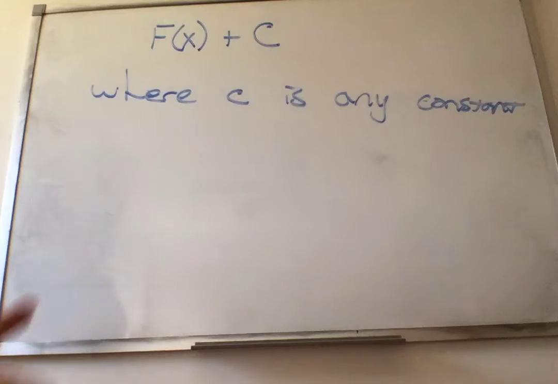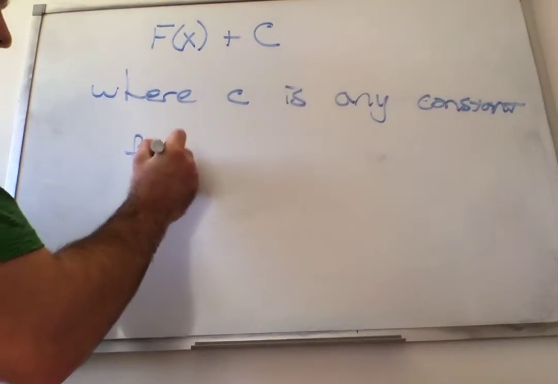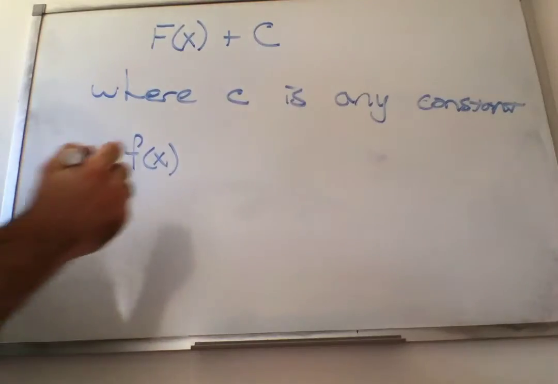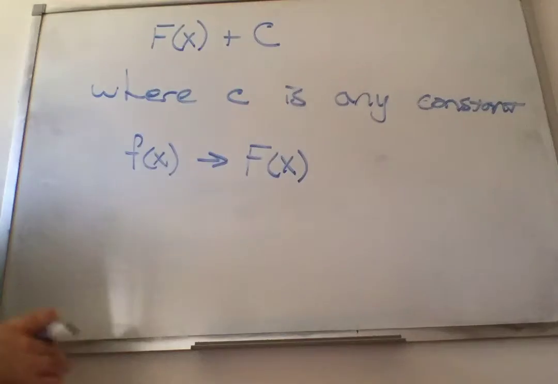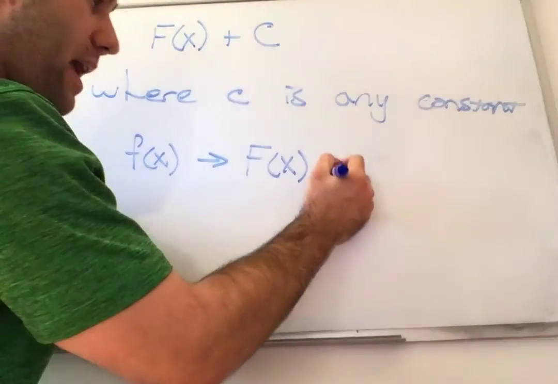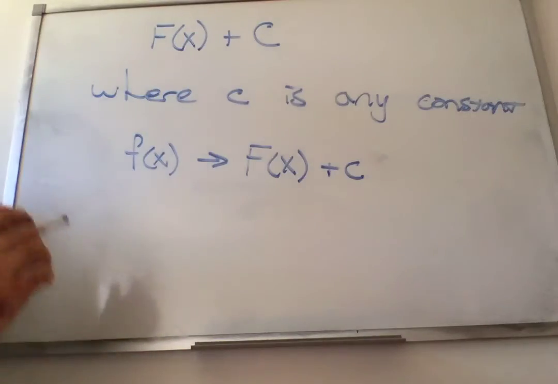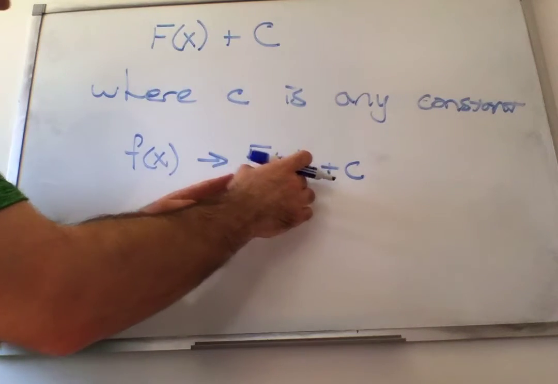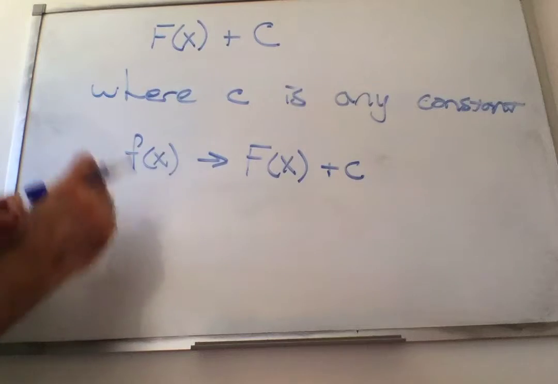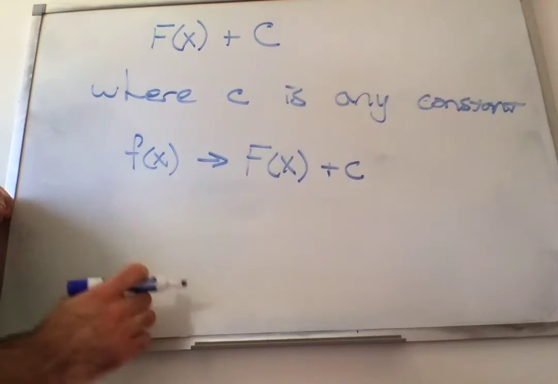Okay, so if I have a function, little f of x, and then I anti-differentiate to big F of x, big F of x may have had some constant along with it, because then if I take the derivative, I still get back little f of x because the derivative of this is 0.